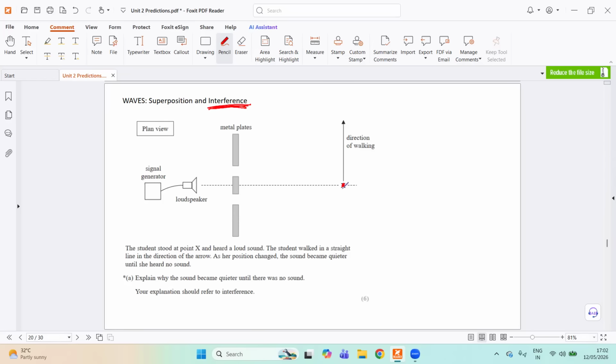And at this point, the two waves from these two sources are in phase. So constructive superposition takes place, which gives you a maximum. And when you move, the phase difference changes, the path difference changes, right? And at one point, when the two waves are in antiphase, the waves superpose destructively, and what you end up with is a minima. So what I've done is I have drawn some waves, as in wave fronts, to this diagram. By the way, this is a Jan 23 question.